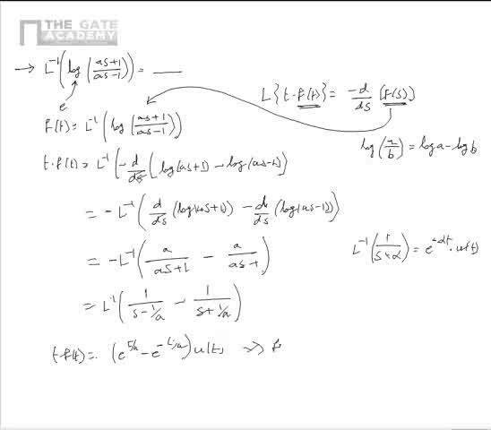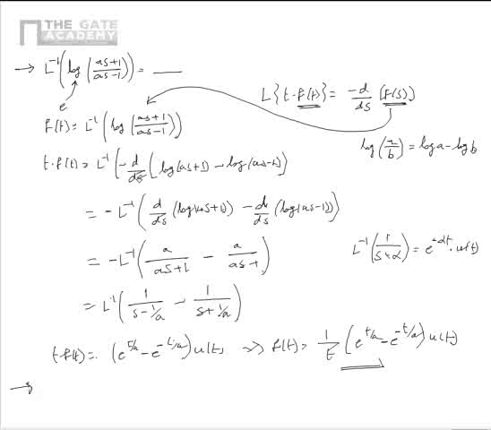That implies the required function f(t) that we need to find out is equal to 1/t multiplied by (e^t minus e^(-t)) u(t). So this is the function that we need to find out.